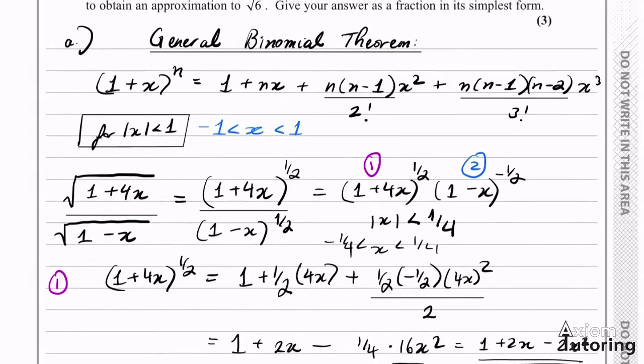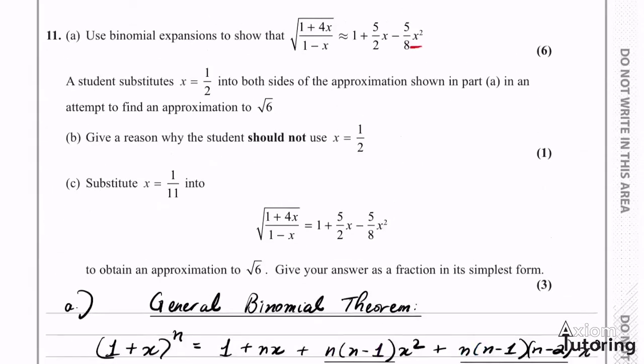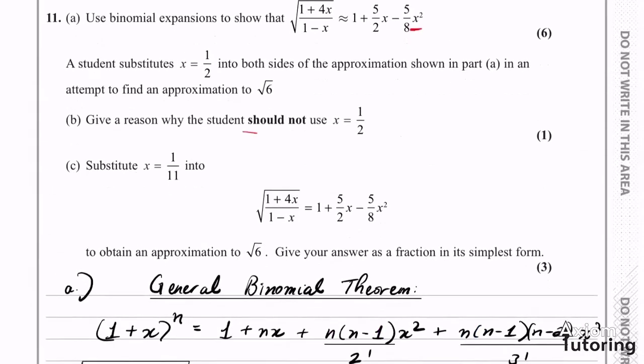And so x equals a half is out of range. And that's why we should not use x equals a half. So I can also write it up here.